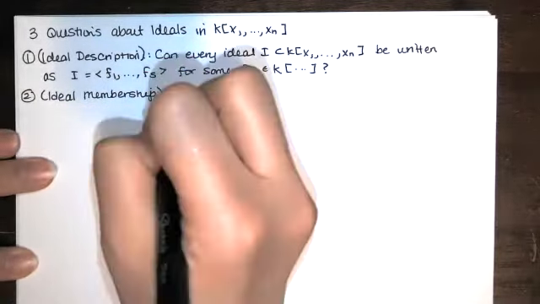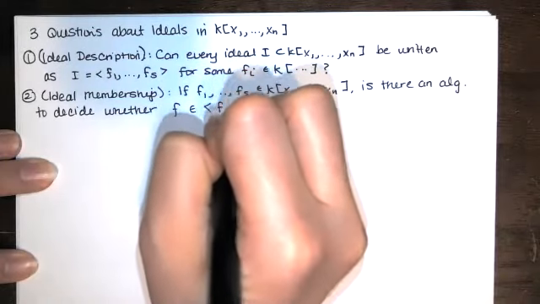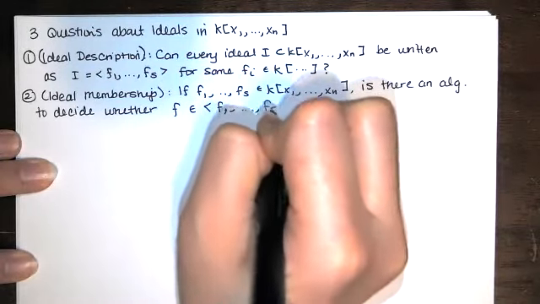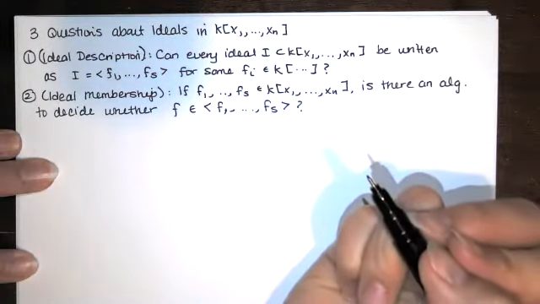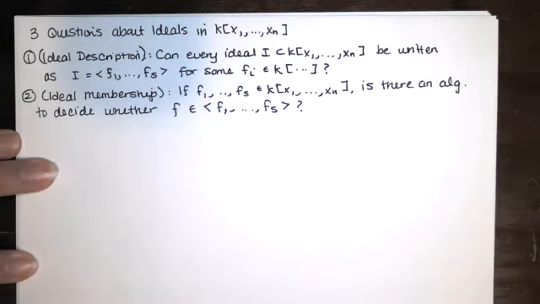If we have some polynomials from our ring, we might want to know, is there an algorithm to decide whether f belongs to the ideal generated by f_1 through f_s? And it turns out the answer is yes.